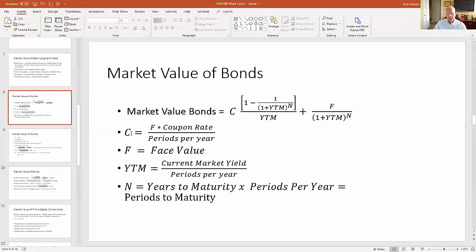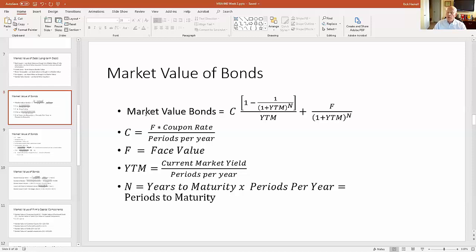So C, which is a coupon payment, is equal to the face value of the bond, $1,000 in our case, times the coupon rate of the bond. So let's assume for a minute that the bond was issued at a 6% coupon rate, which means that it's going to pay 6% interest per year. And if the bond is paying interest twice a year and it's doing so on $1,000, then that's going to be broken down into 2 equal interest payments to the holder of the bond of $30 each.